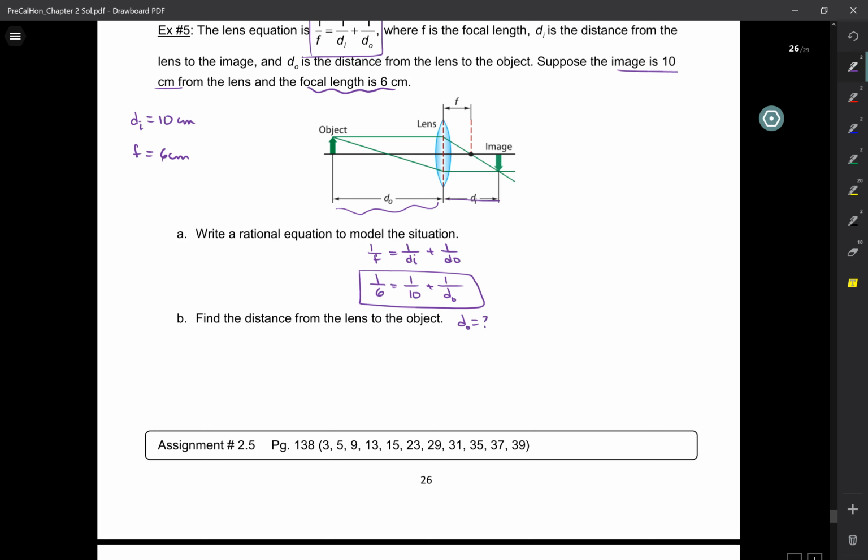Well, okay. So my equation is 1 over 6 equals 1 over 10 plus 1 over do. My LCD is 60. Well, it could be 30 as well. So let's multiply by 30. All right, so what do I have here? I made a mistake. 30do is my LCD.